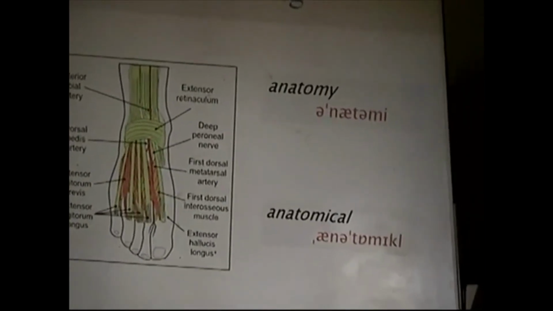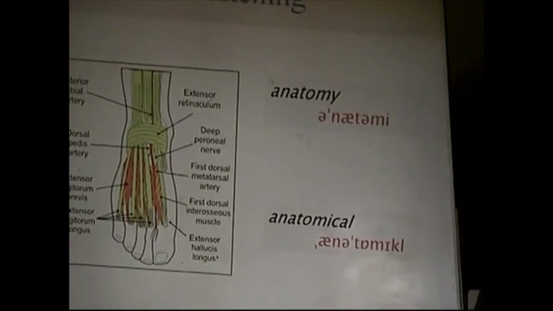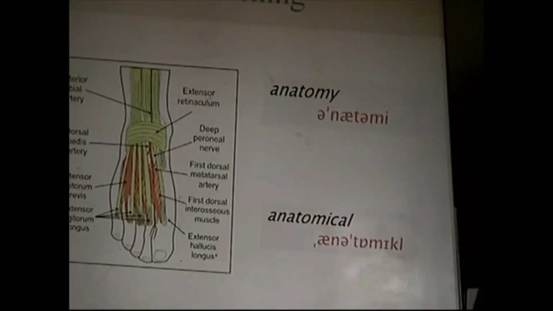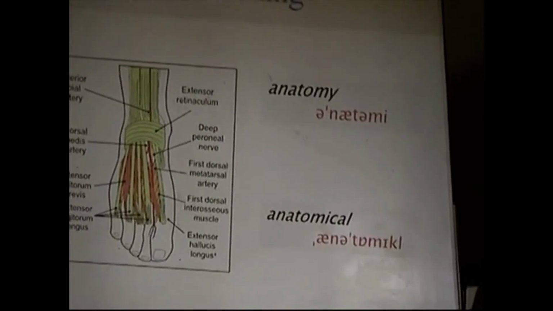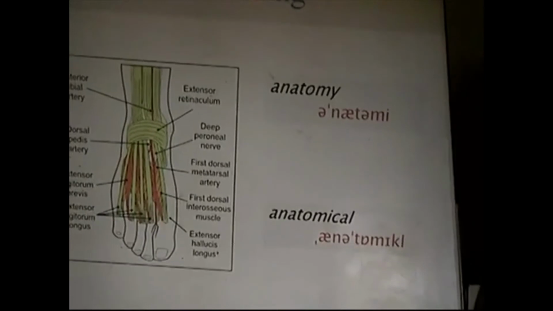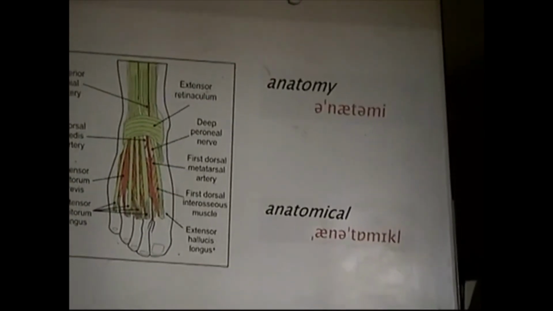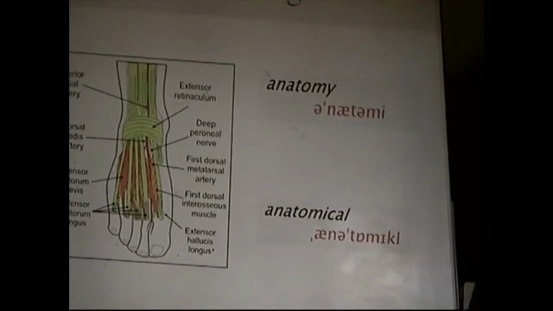Because the syllable nat is stressed in anatomy, it keeps a strong vowel, whereas the syllables before and after weaken. Anatomy. In the case of anatomical, we stress the syllable before the -ic, the regular rule. So tom is the main stress.